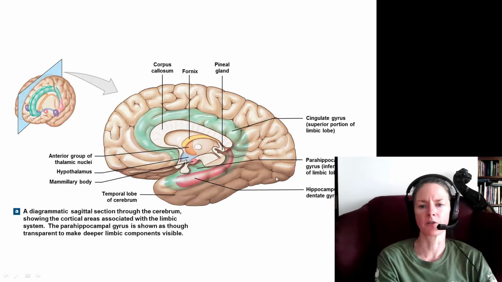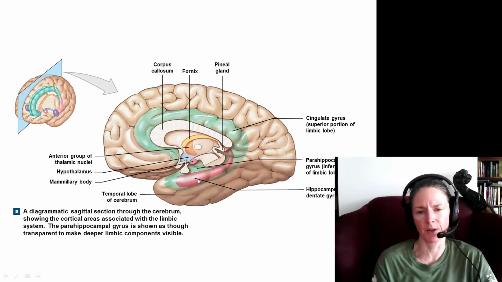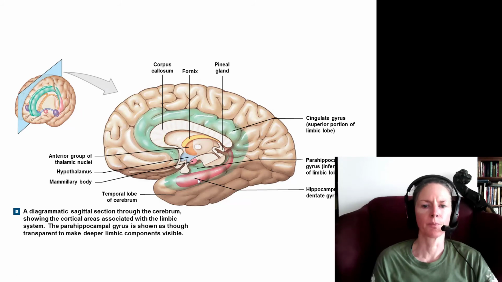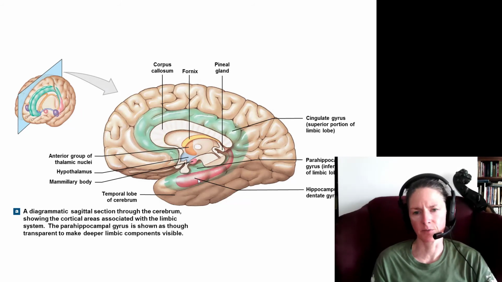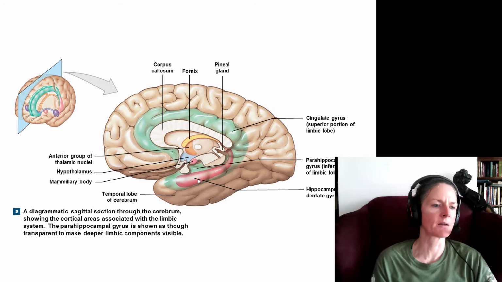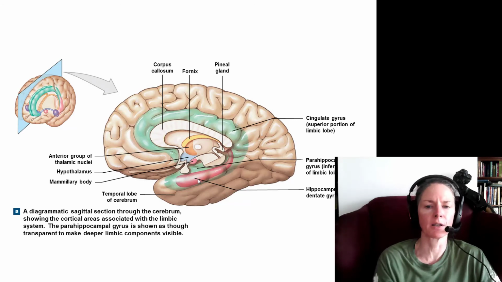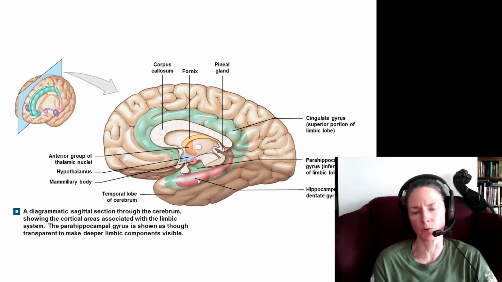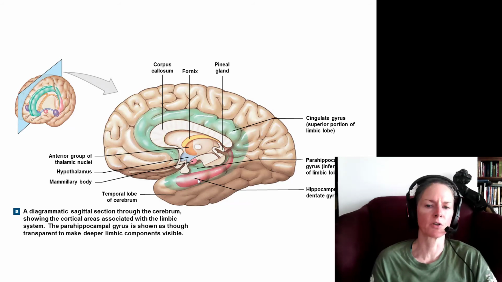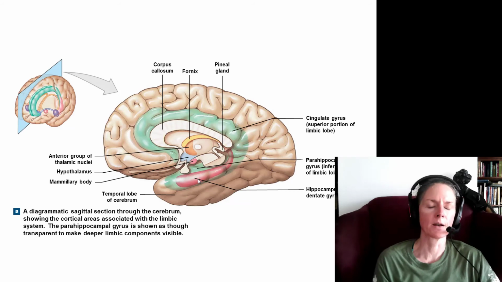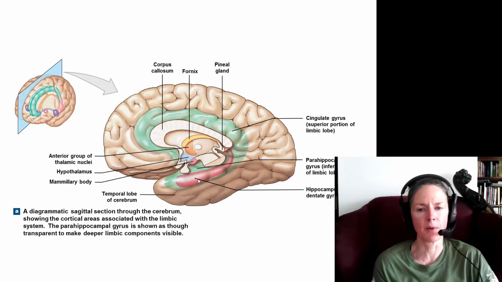We also have another function of the hippocampus that's not really talked about in the book, and that's spatial navigation. So both in humans and in other animals, if we're able to record activity from cells within the hippocampus, we will find that if you put animals, say a rat in a maze, and you put electrodes all along the hippocampus and record from individual neurons, what researchers have found is those individual neurons will start to become active when the animal enters a certain area of the maze.